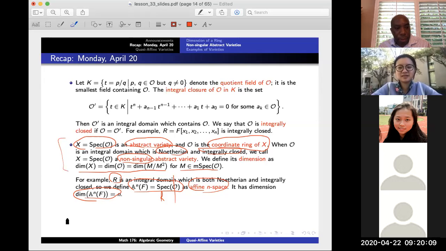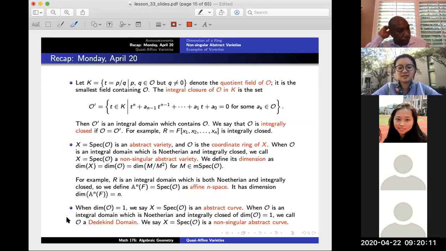All right, okay, let me just say a couple other things here. Now, this is the general definition of an abstract variety. So let's focus on the case when we have an integral domain of dimension 1. Remember, I talked a little bit earlier about the cases of being dimension 1. It just means that every non-zero prime ideal is maximal.